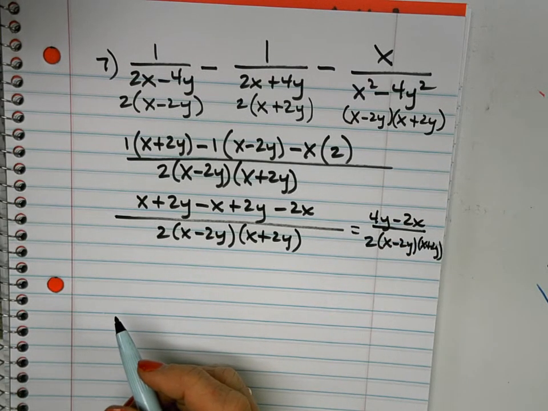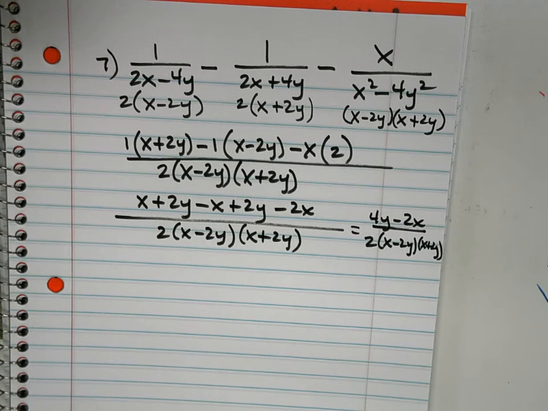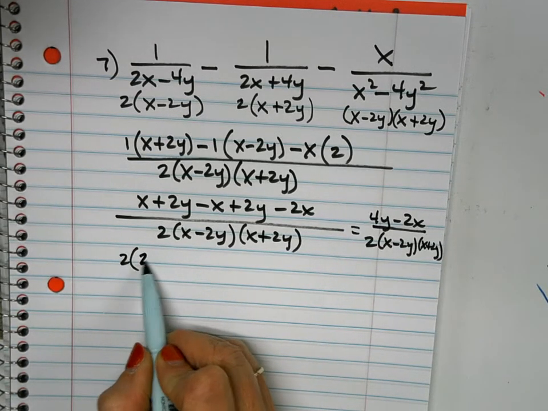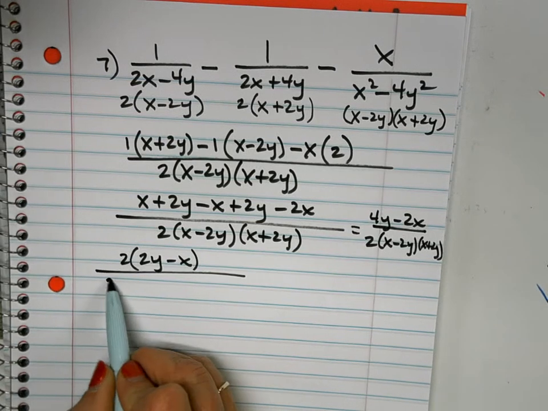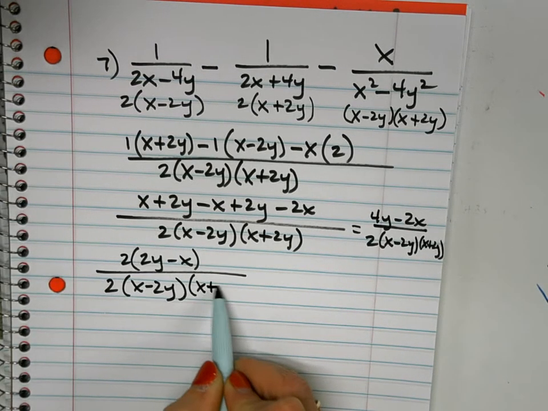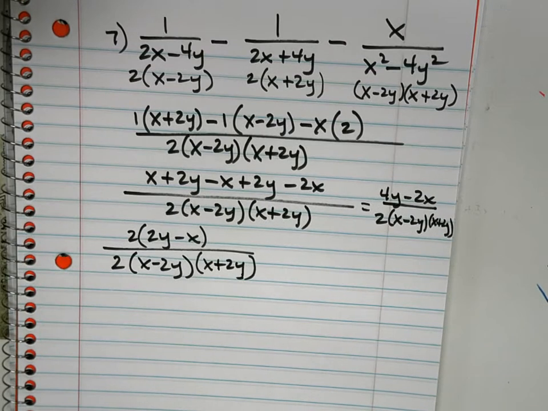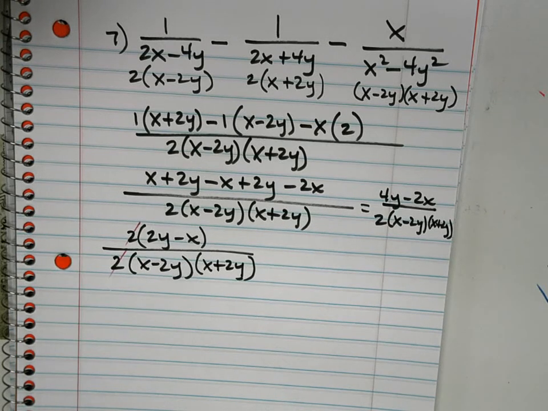Jordan, can you factor the top for me? What could I pull out of 4y minus 2x? A 2. And what's left? 2y minus x. Good. And so down in the denominator we have this. Is there anything we can reduce? We can cancel the 2's, right? That's legal now. Anything else?